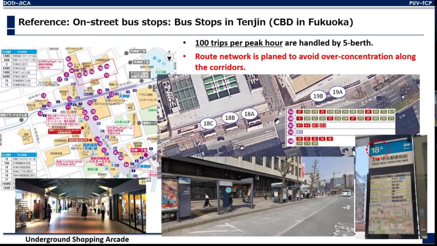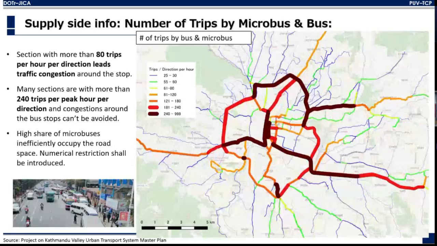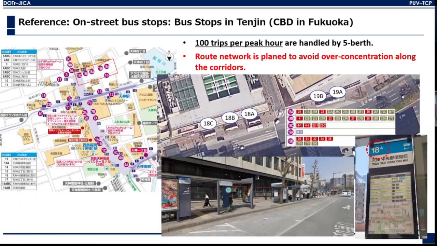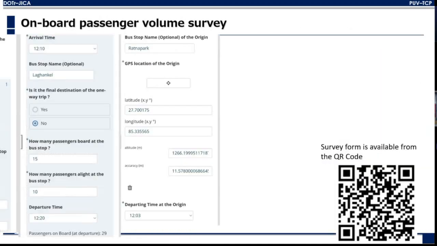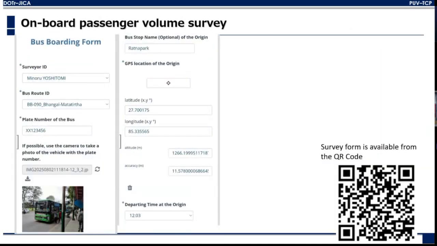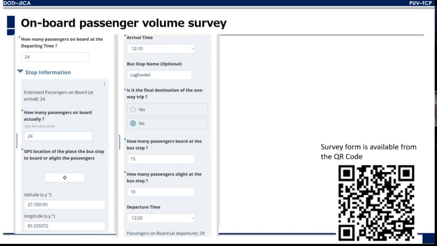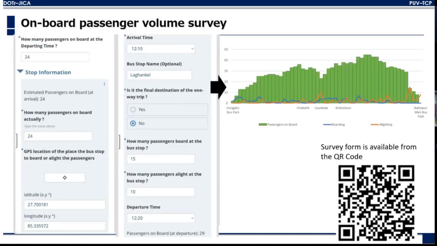Then this is the demand side, so the passenger trips as well as the number of trips per peak hour, and then the passenger demand is expected. This is based on an onboard passenger volume survey, which is also conducted by Quezon City. According to this figure, for each bus stop, how many passengers are on board and how many newly board and alight is counted.